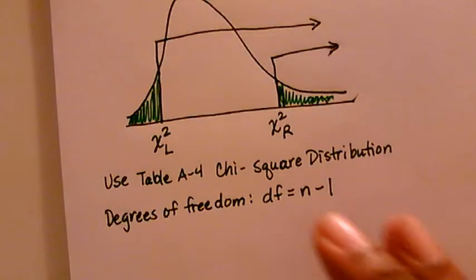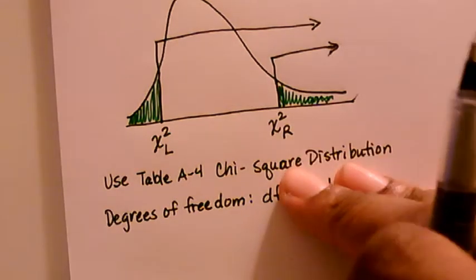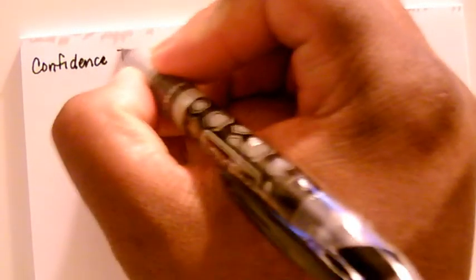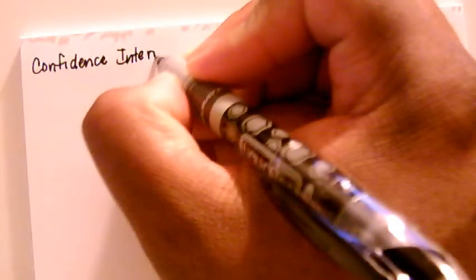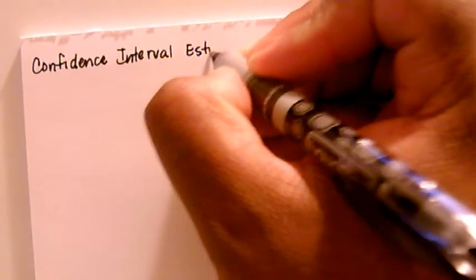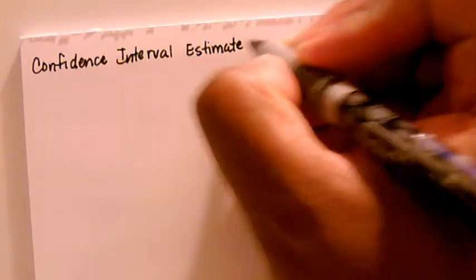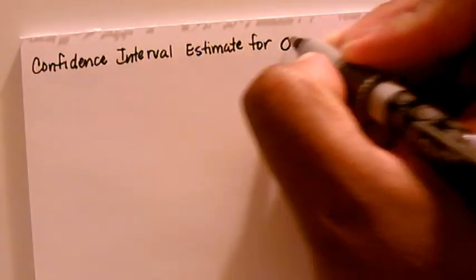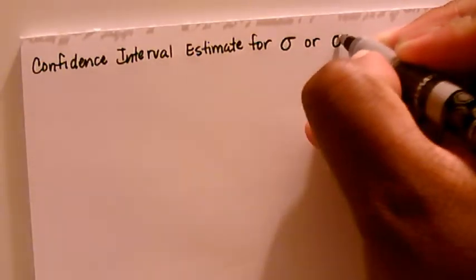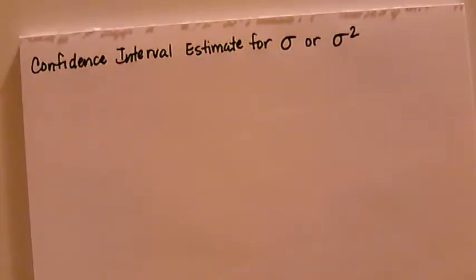Okay. So now let's look at how we can construct a confidence interval estimate. So we're talking about a confidence interval estimate for, I'm going to say sigma, which is your population standard deviation, and sigma squared is going to be your population variance.